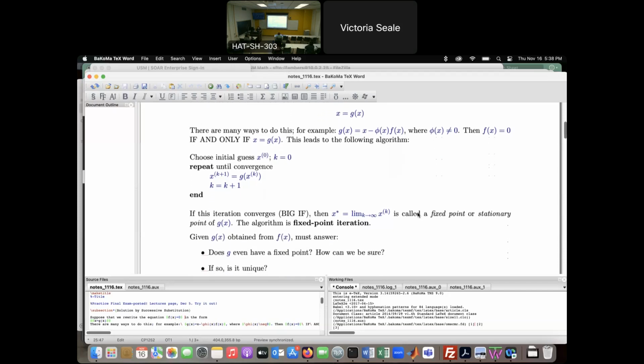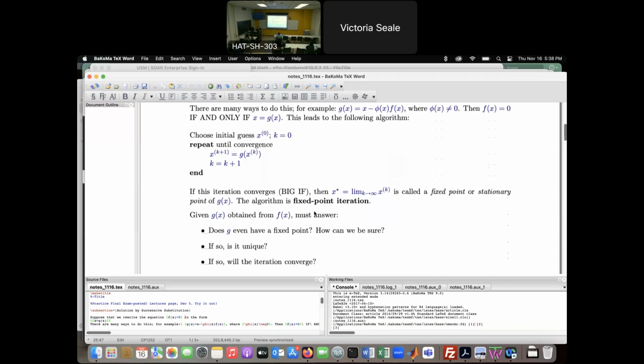So here's some questions that come up when we rewrite the equation f of x equals 0 in the form x equals g of x. Does the function g even have a fixed point? Is there a way to guarantee that a solution exists? If a solution exists, is it unique?